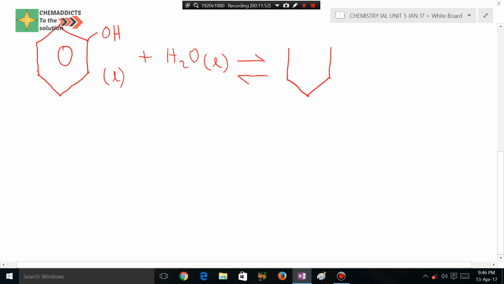This is the condition of phenol after dissolving in water. It turns into phenate ion, aqueous, and it produces oxonium ion, which is produced over here.